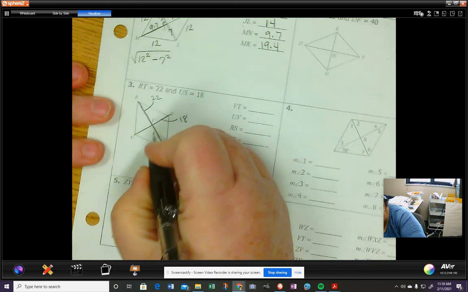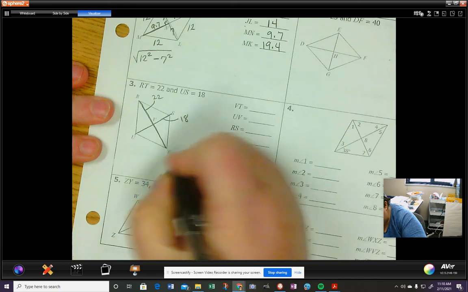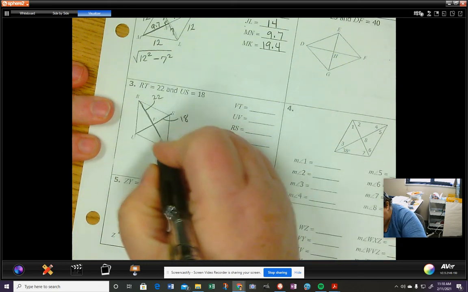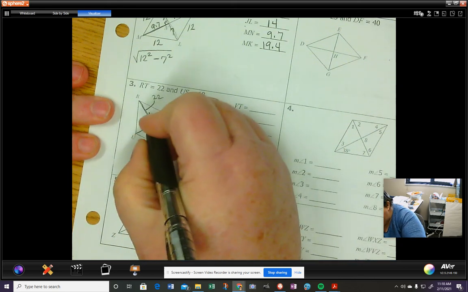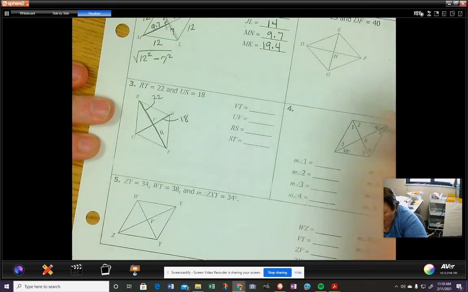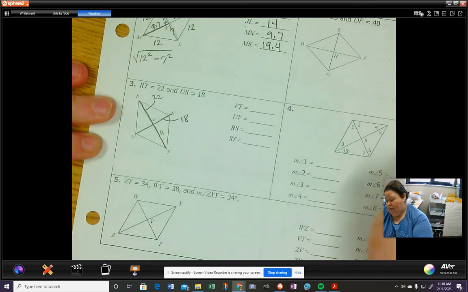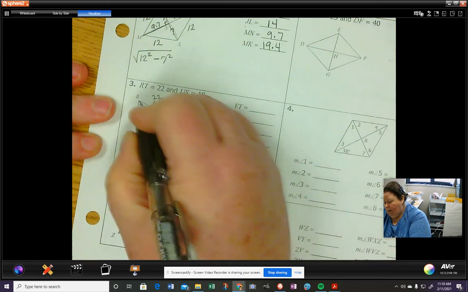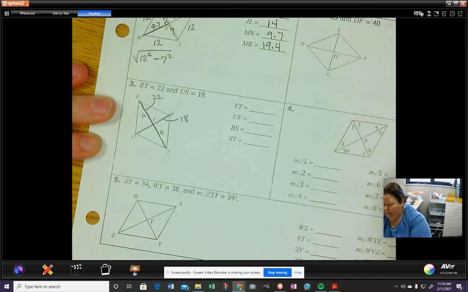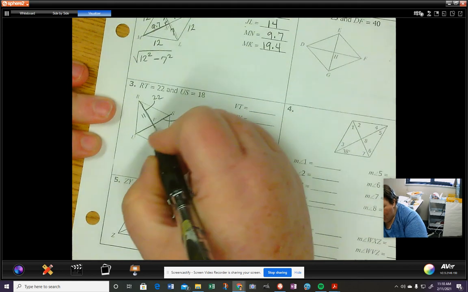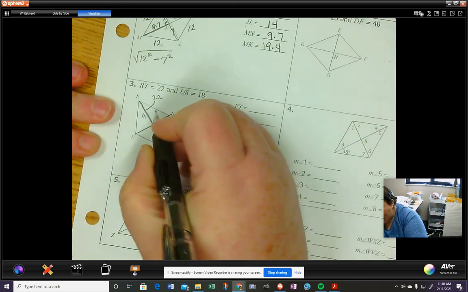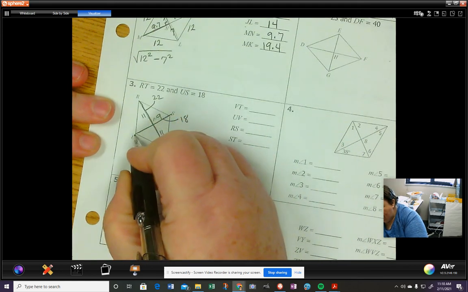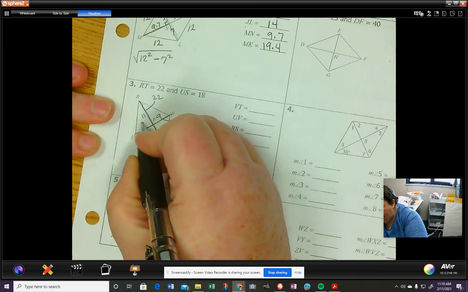Well, I can figure out that VT is 11 and RY, that's a Y, RY is 11. I know that YS is 9 and UY is 9.